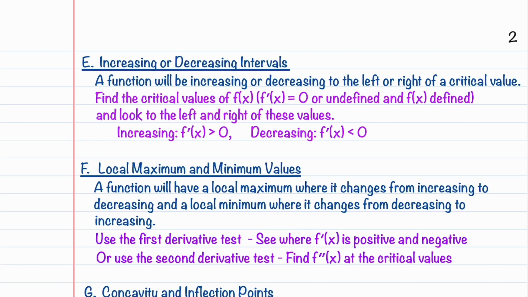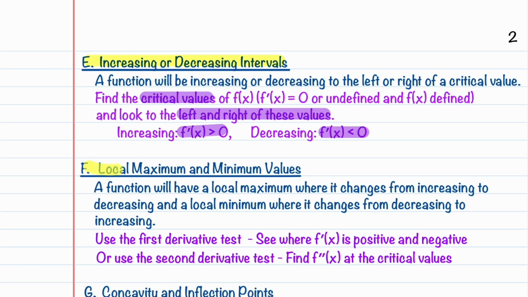The last 3 items can be found by looking at the derivatives of the function that you're graphing. To find where a function is increasing or decreasing, you will need to find the critical values, and then look to the left and right of these values. Your function will be increasing when f prime is greater than 0 and decreasing when f prime is less than 0.